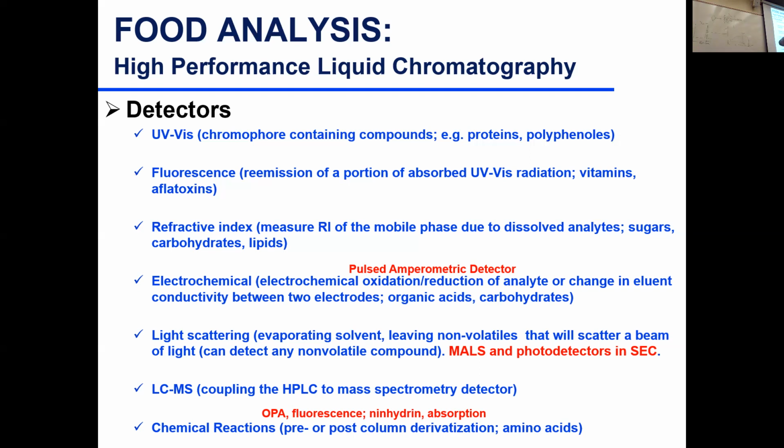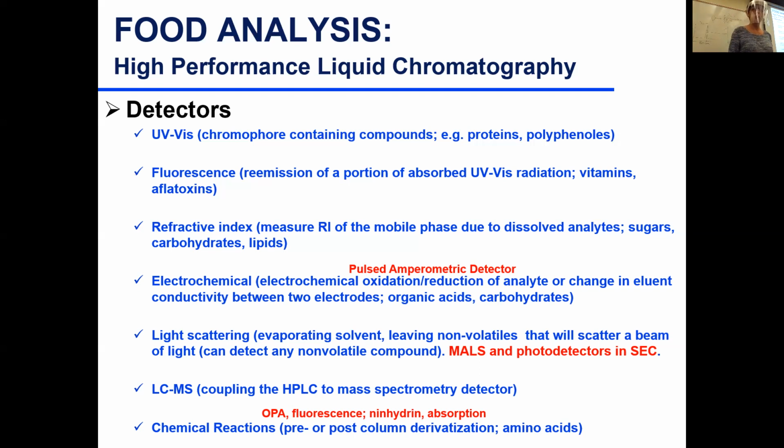Mostly it's used with compounds that don't necessarily absorb light, and we're not derivatizing them into anything, like sugars and oligosaccharides. So these potentially use a refractive index detector.